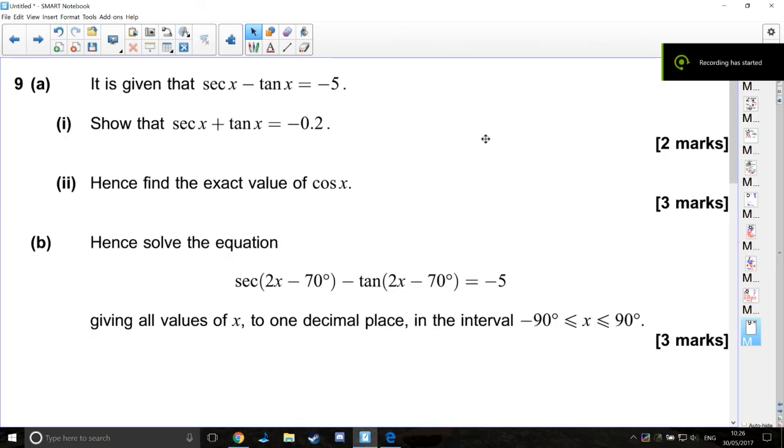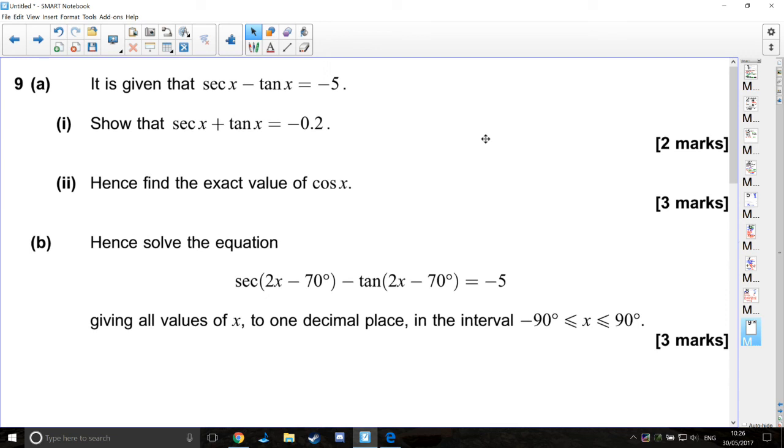Okay, so this is the Core 3 2016 paper, question 9. And it's obviously a trig question, but it's not the standard one that you'd expect on Core 3. Now, the standard question that you want is a sec squared plus a tan squared, or minus 3 sec is 4.